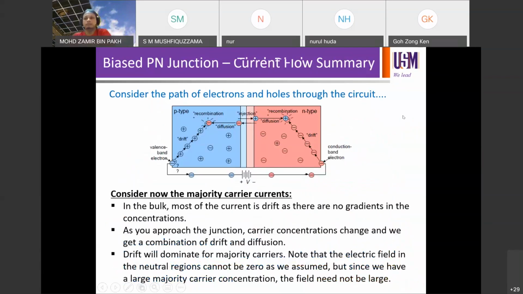All right, so consider the path of electrons and holes through the circuit. This is the illustration of what's actually happening in the quasi-neutral region and also the diffusion region. So in the bulk, most of the current is drift as there's no gradient in the concentration, right? There's no concentration gradient.